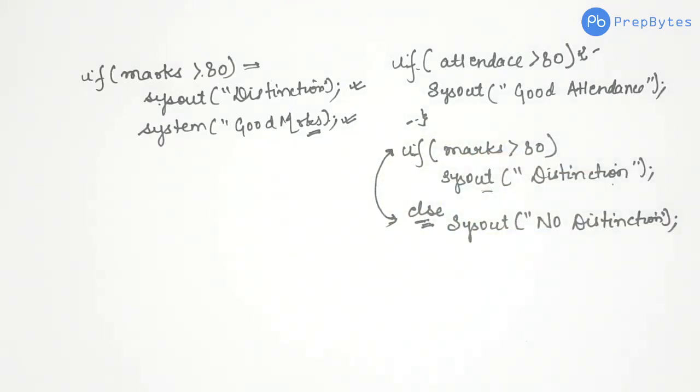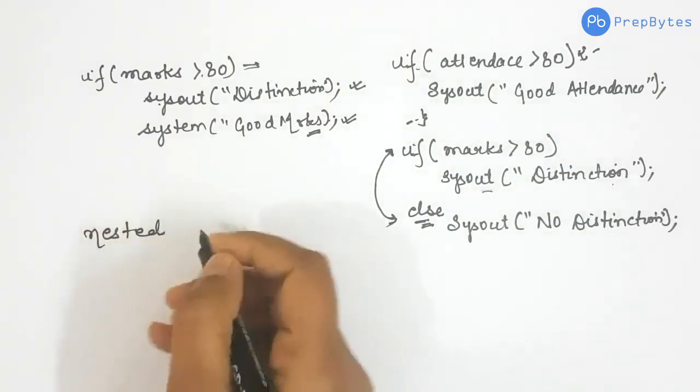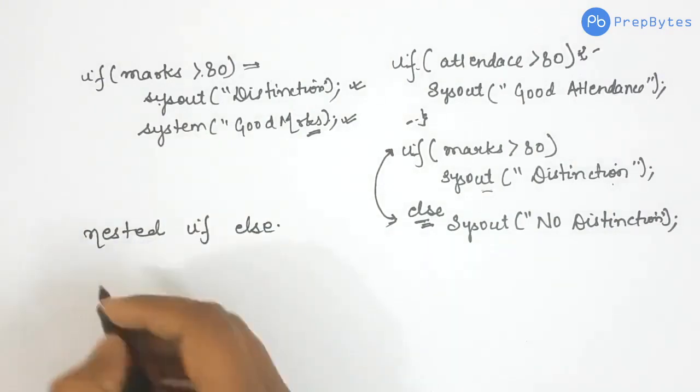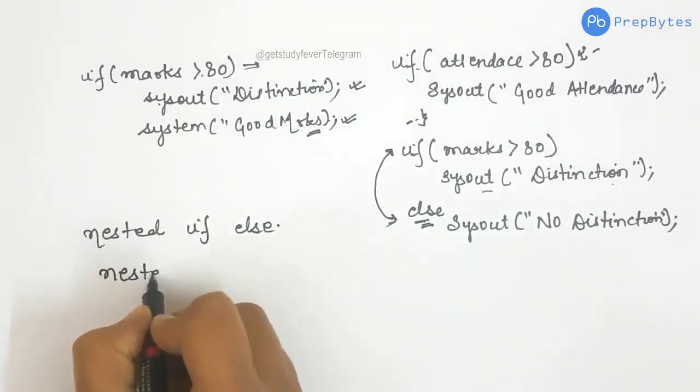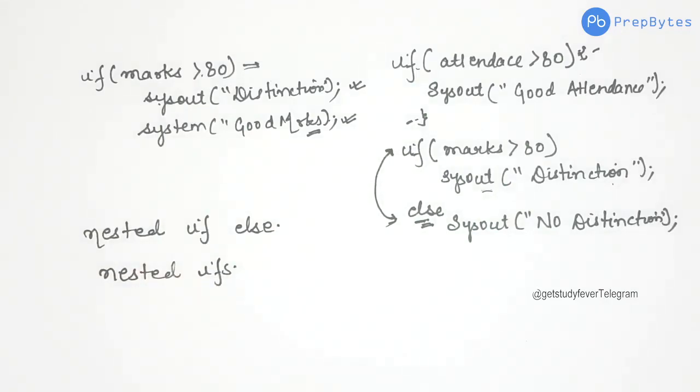Now we can also have nested if, or let's say nested if else. Let's see a few examples of them. We can have something like this.